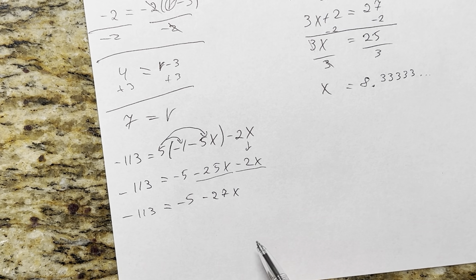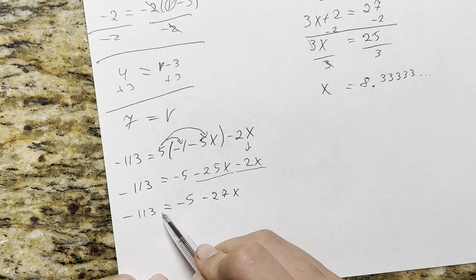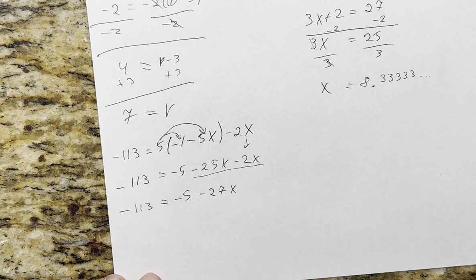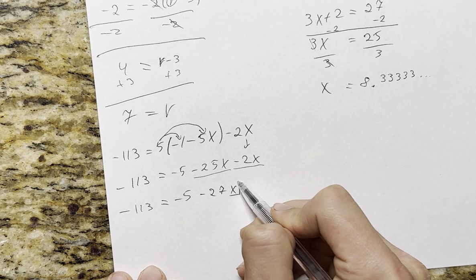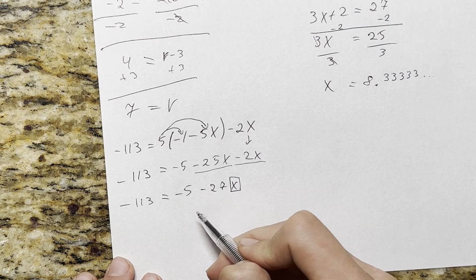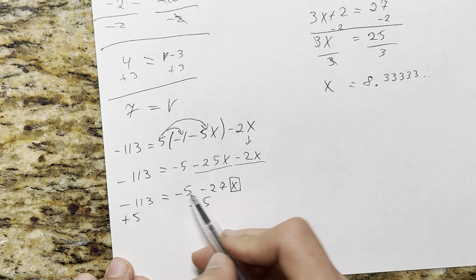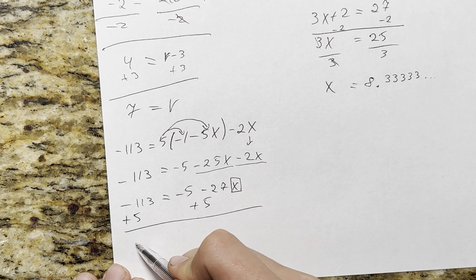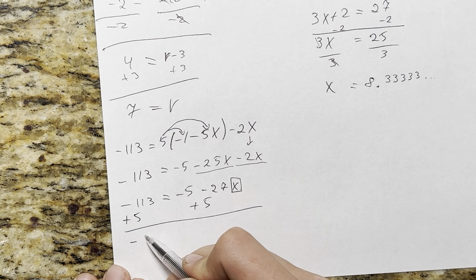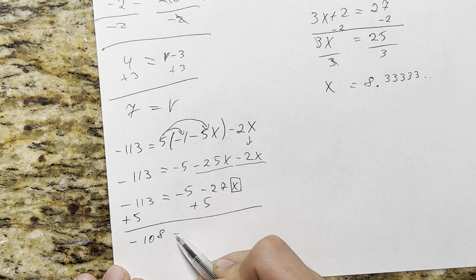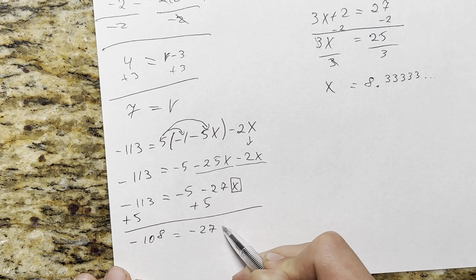Alright, so now since you have this equation, you're trying to leave the x by itself. First you have to add 5 to each side to get rid of this negative 5. You'll get negative 108 equals negative 27x.